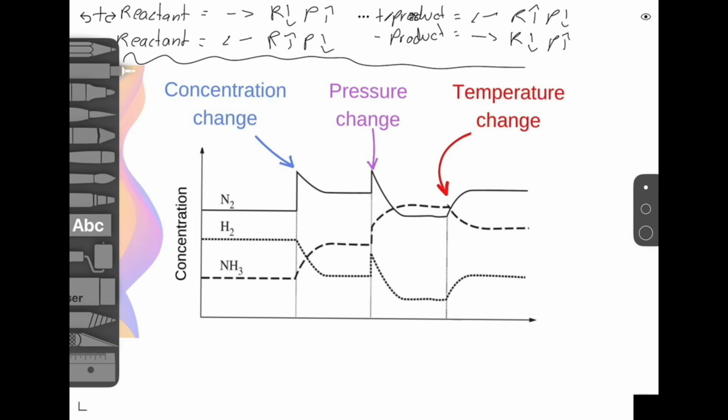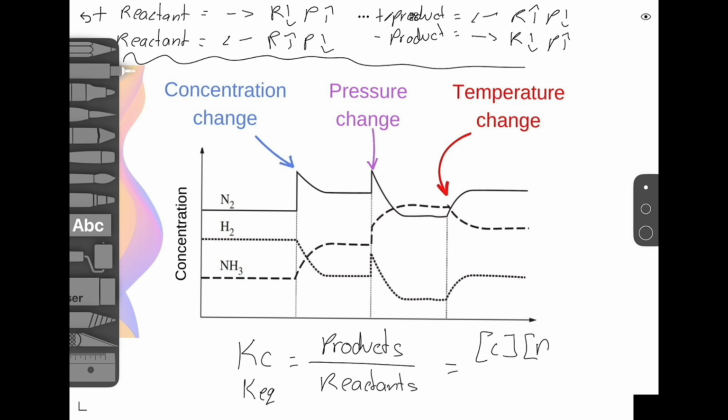Another very important thing in concentrations on these graphs would be Kc or Keq calculations. So Kc is products over reactants. Another way you could put this is you do C and D, part of your formula equation, over A and B, and then you do the little symbol of each letter.